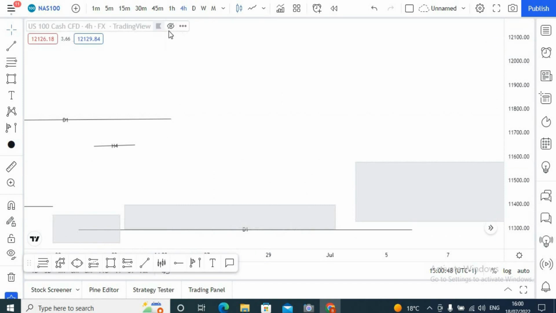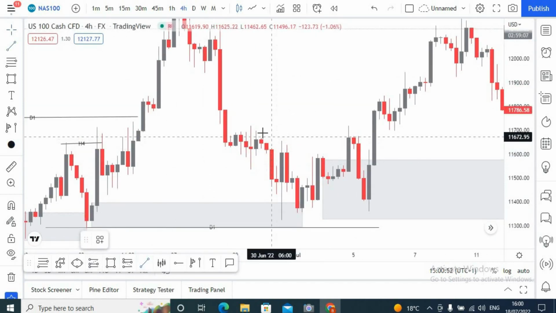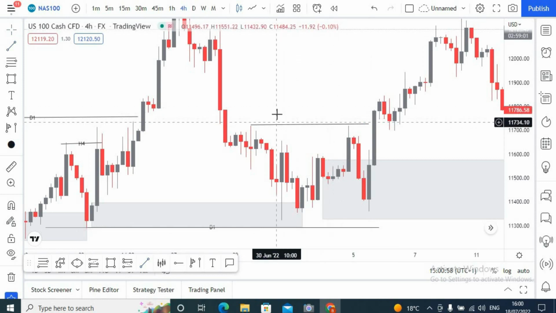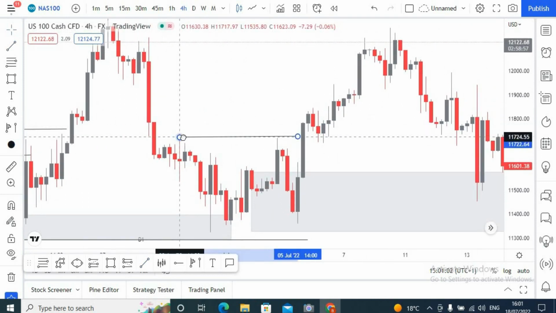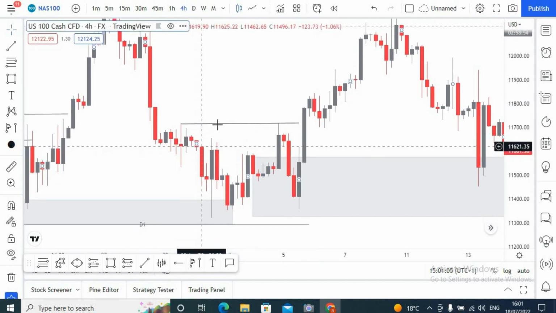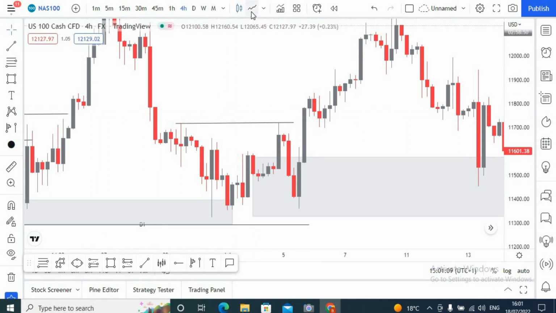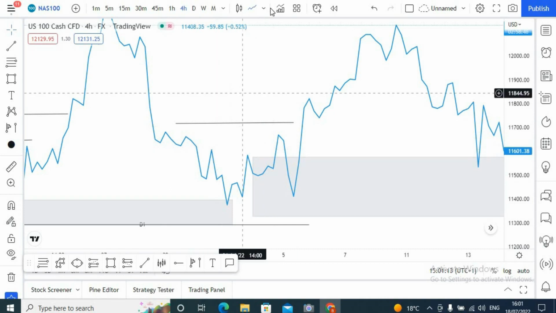So as you can see on our chart now, we had a swing point here, which was our last swing high, right? And also that swing high was taken out, even if we use the line chart, it was taken out, as you can see.